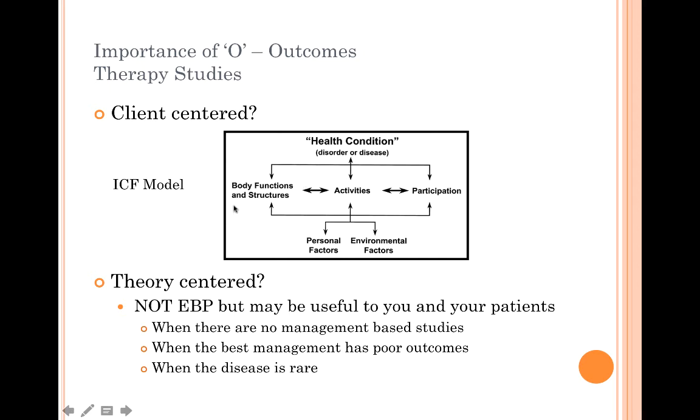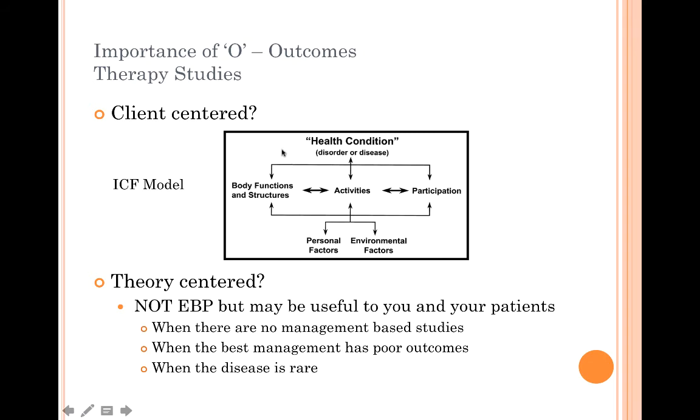So if the outcome of a study is an MRI, for example, or involves strength and range of motion, those are impairment-based or structural things. The MRI is structural; range of motion and strength are impairments. So they're not addressing the patient-level problems, which are activity limitations or participation in their life: social roles, work, and play, right?